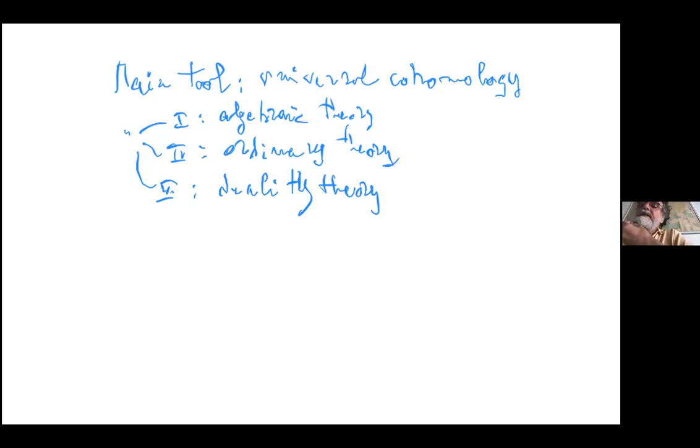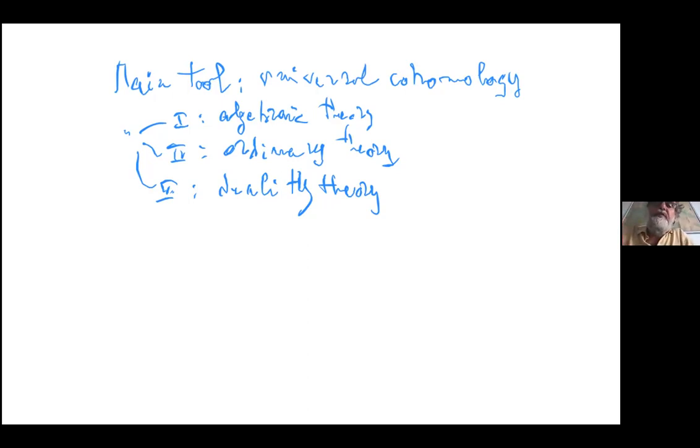The second part, which is ordinary theory, is related to topological cohomology theories, and this is almost done. The third part is still a work in progress, but I hope it will be done in the next. I'll try to explain the first and second parts briefly and mention what is expected in the third part.